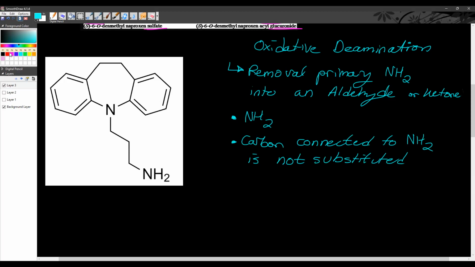What do I mean by that? Let's say that we had this drug where it had two NH2 groups. Either one of these could undergo oxidative deamination. Either one of them is perfectly valid.